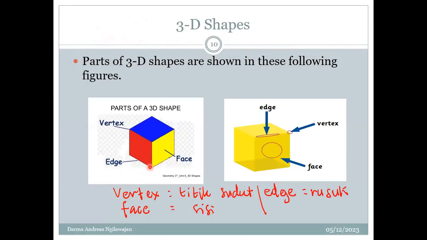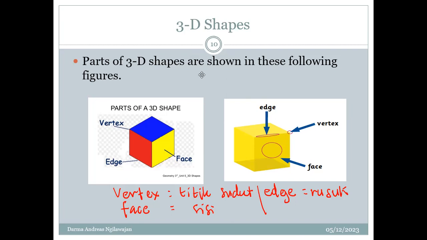Okay, now we move to three-dimension shapes. Sekarang kita lanjut dengan geometri ruang, maaf, geometri ruang. Three-dimension shapes, okay?